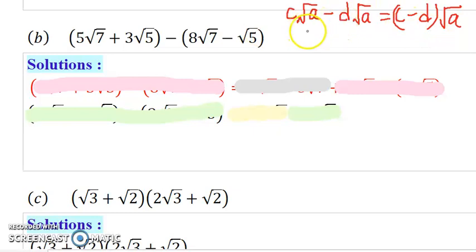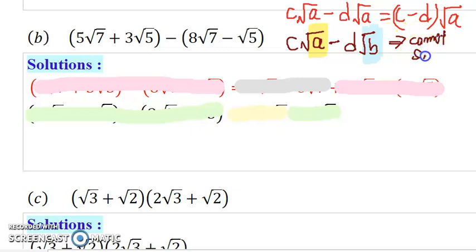Similarly, if I don't have a common surd, let's say I have c square root of a minus d square root of b, you find that the square roots are different. Therefore, this one we cannot simplify, at least at this point.